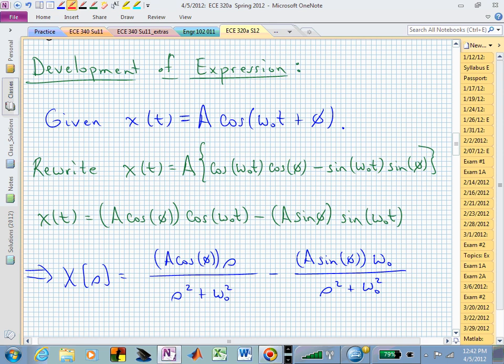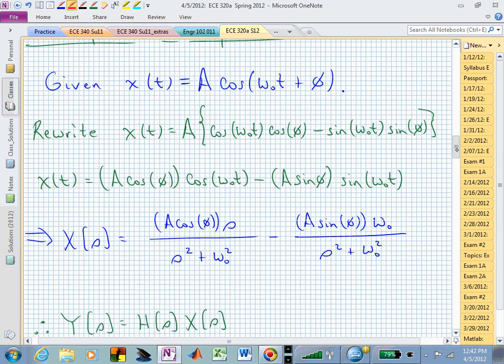We know how to Laplace transform those pieces. The cosine is s over s squared plus omega naught squared. The sine piece is the frequency over s squared plus omega naught squared. That should be okay. You should be comfortable with that. We haven't done anything magic at this point.